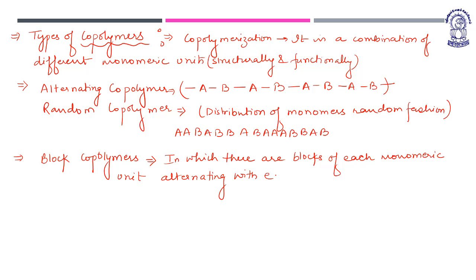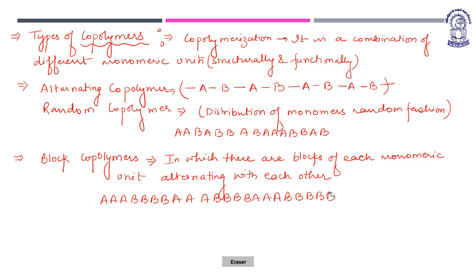Like here you can see a block of 4, a block of 3. So this is a block copolymer.